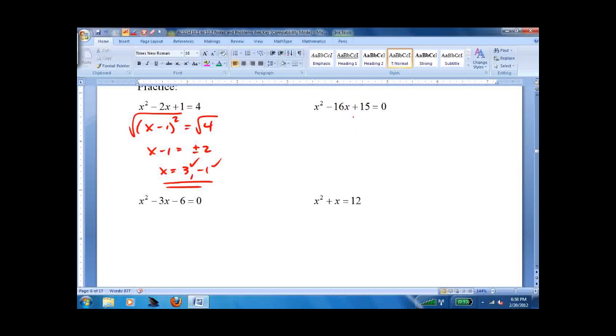This one is not set up as a perfect square, so move the 15 over. Take the negative 16, divide by 2, negative 8, put it in the box. Take negative 8, square it, get 64. Add 64 to both sides.